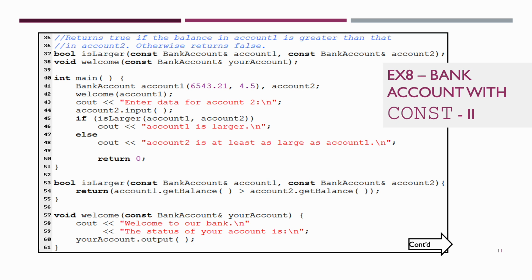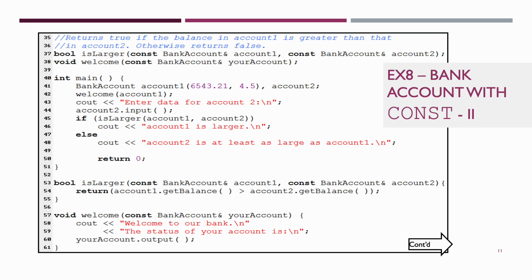The isLarger function compares the balances of two bank account objects and returns a boolean value indicating whether account 1 has a larger balance than account 2. Both account 1 and account 2 are passed by reference. This avoids the overhead of copying the objects and allows the function to operate directly on the original data.